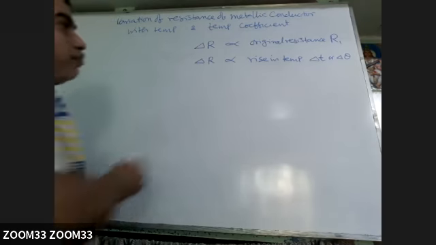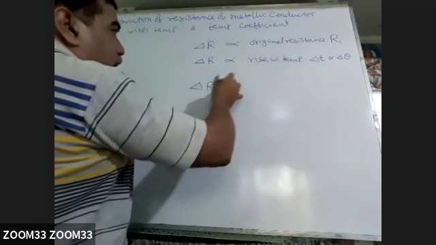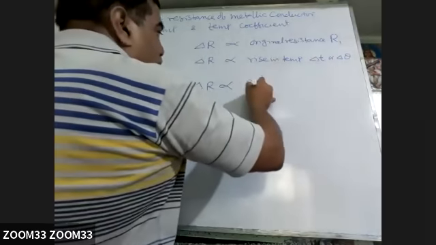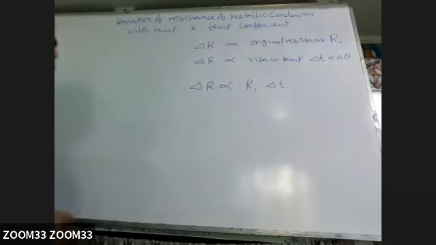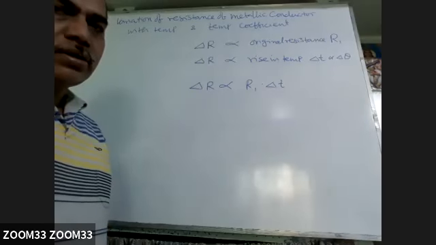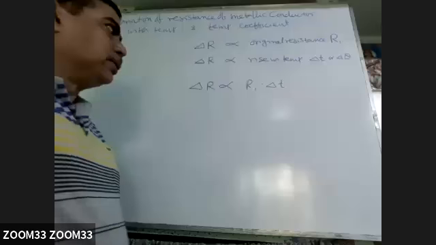So when we combine these two, this delta R is directly proportional to R1 delta T. It is the same as linear expansion or superficial expansion or cubical expansion, what you have done in lower classes. Similar formula again.